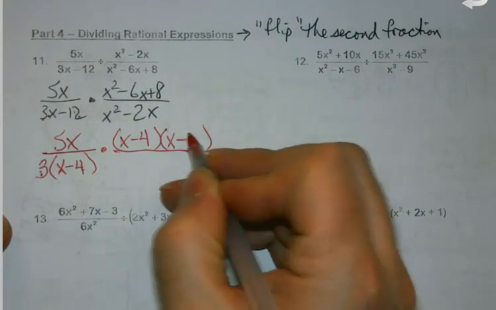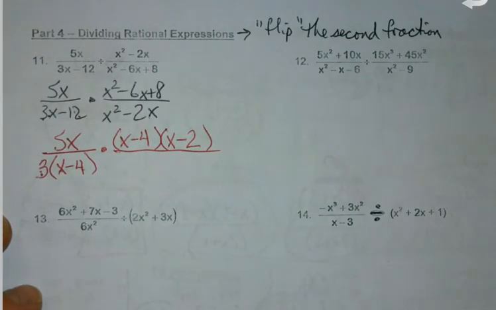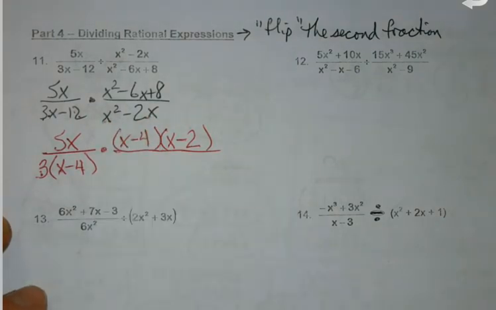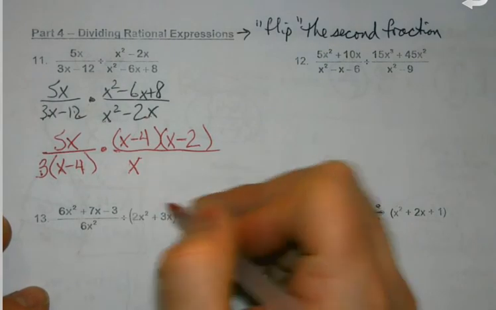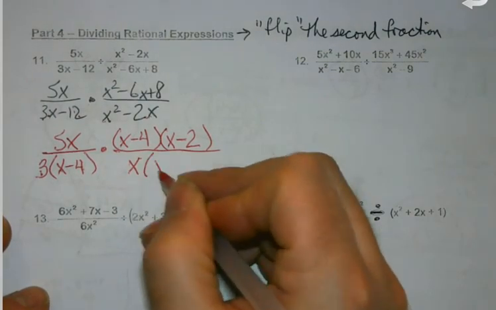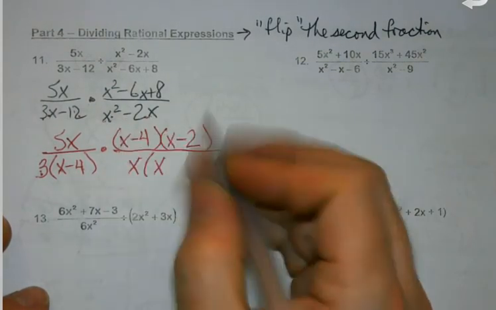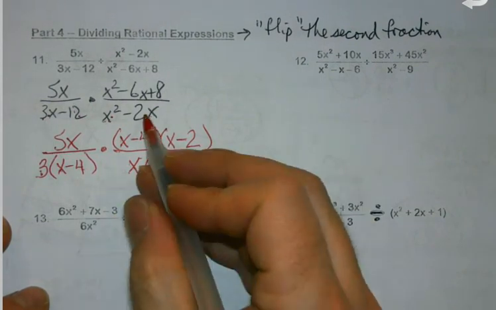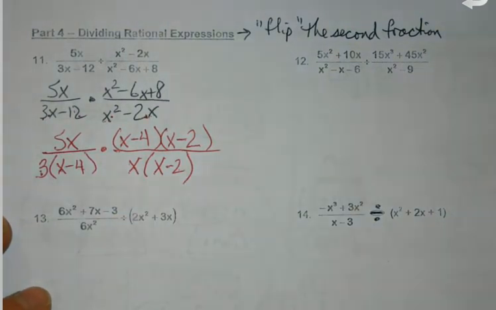Negative 4 and negative 2. And then one last time here, what am I going to do? Take an x out. And then I have x, because x times x is x squared, minus 2, because x times negative 2 is negative 2x. Now I'm fully factored.